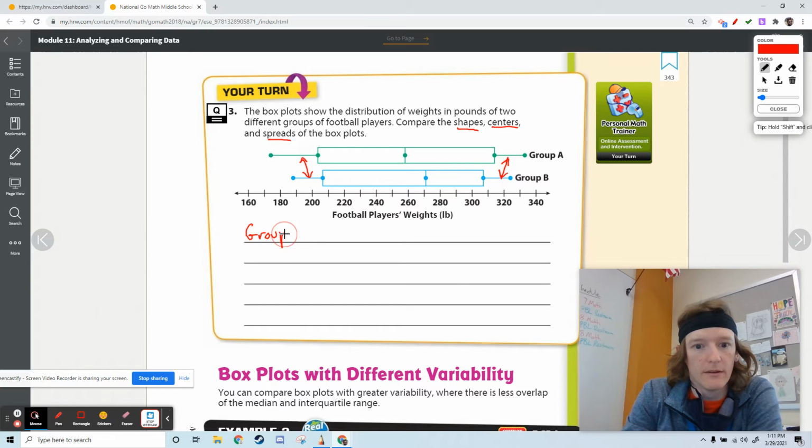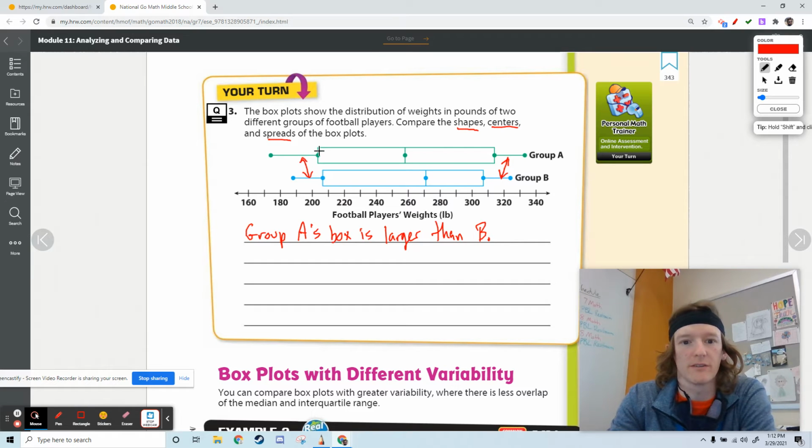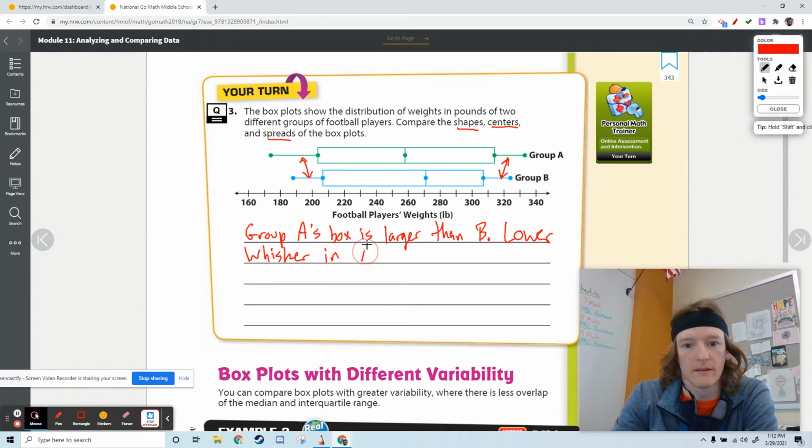Group A, what are we even? Football players' weights by pound. Okay, Group A's box is larger than B's. And we'll say the lower whisker in A is also larger.